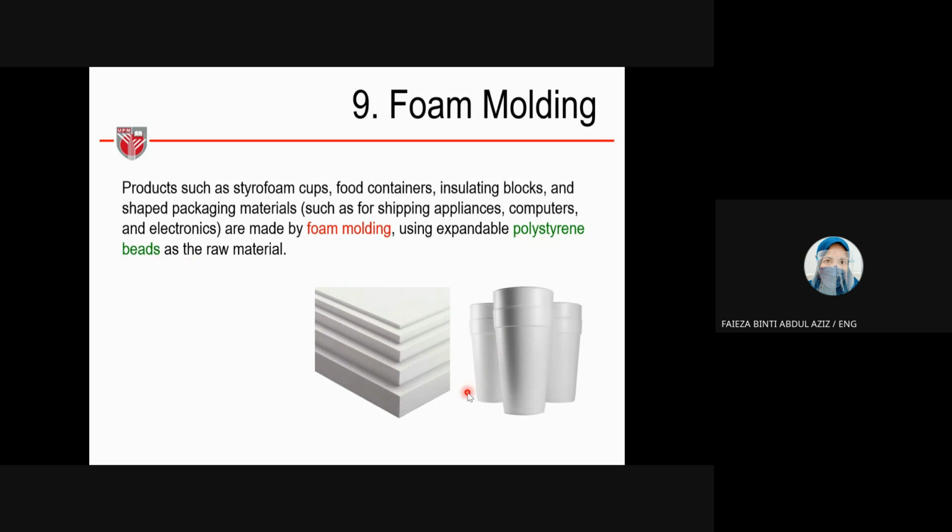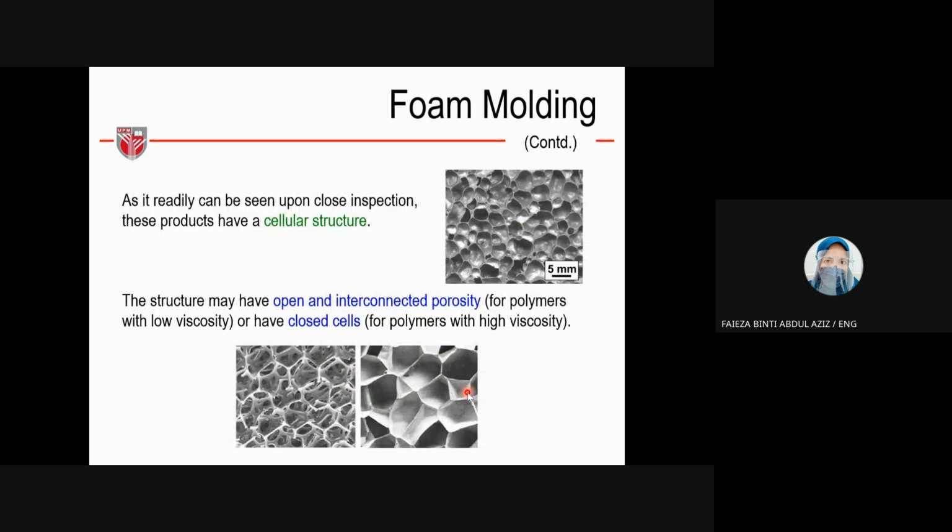So here, we use polystyrene beads. As can readily be seen upon close inspection, these products have a cellular structure. The structure may have open and interconnected porosity for polymers with low viscosity, or closed cells for polymers with high viscosity.